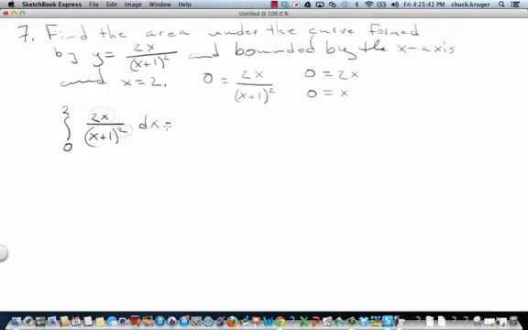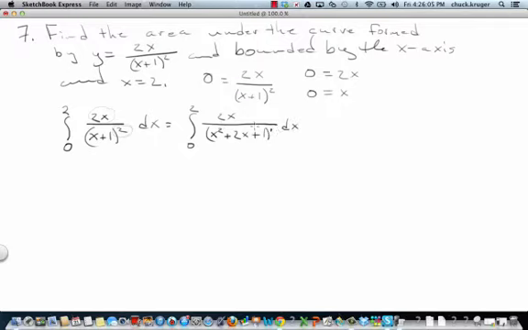So I'm going to take this a step further, and I'm going to rewrite this, and I'm going to expand or FOIL the denominator, so I get x squared plus 2x plus 1, and I'm going to put parentheses around this quantity, and I have the first part, again here's my dx.